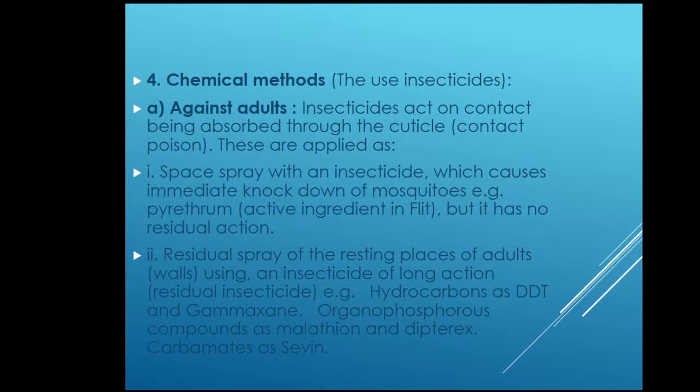Mostly these insecticides contain pyrethrum. Residual spray is applied to resting places of adults, where we can use insecticides, hydrocarbons such as DDT or other chemical insecticides which kill the adults and larvae.